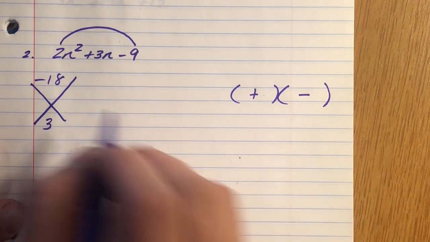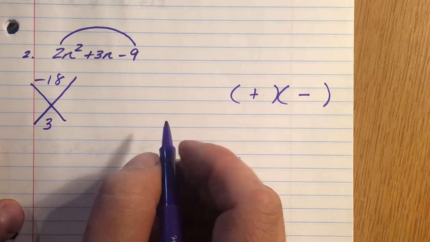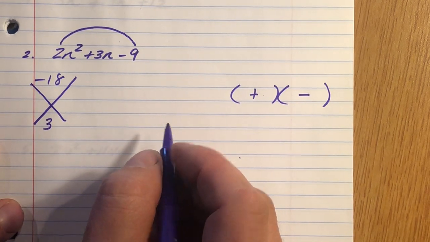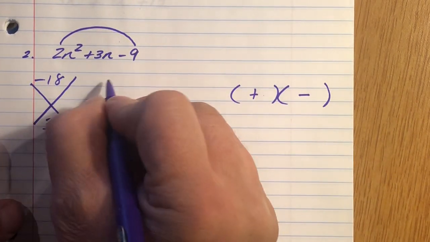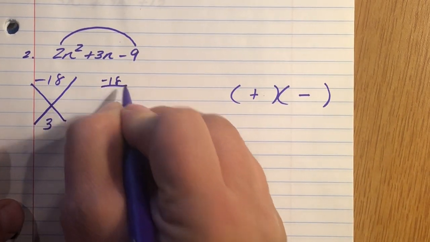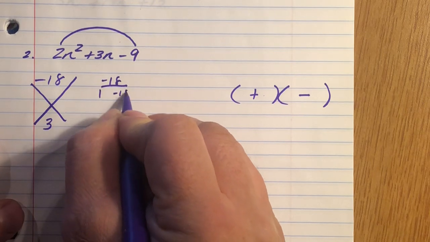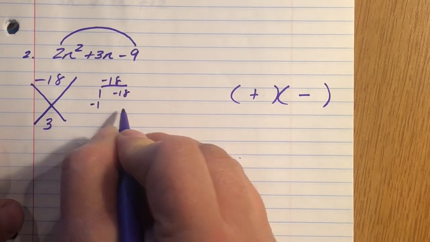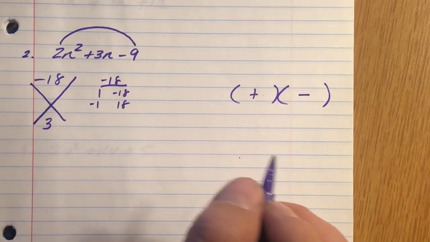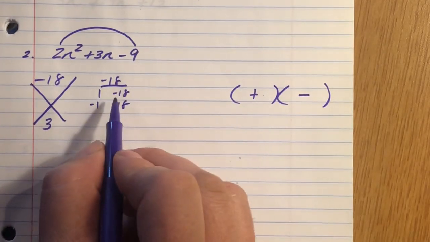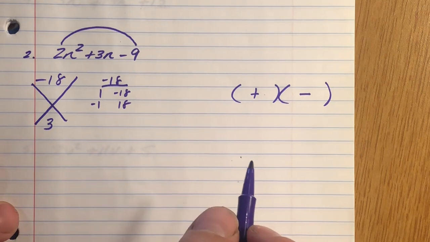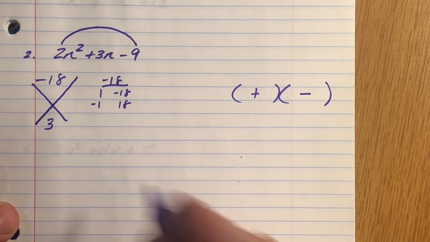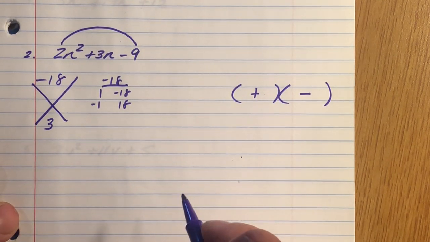All right, so two numbers that multiply to negative 18 and add up to 3. Well, after you list all of them, and remember, guys, this is a negative 18. So you're going to have 1 and negative 18, but you're also going to have negative 1 and 18. Those will give me two different sums. As you do this more and more, you'll get a little bit more efficient and faster with your factors.